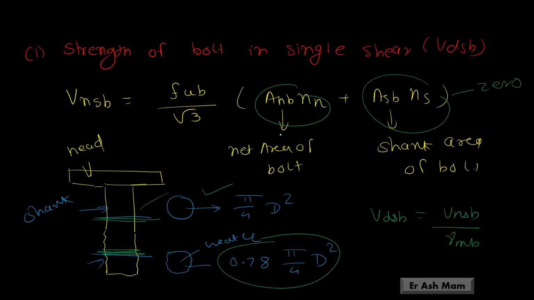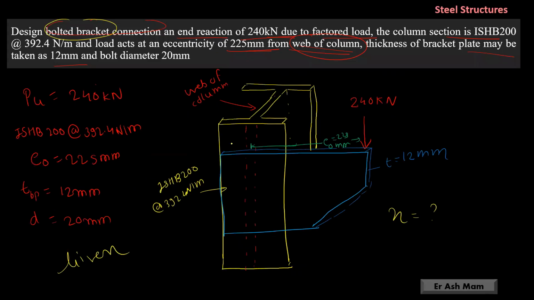So you can see here in the main diagram. If it is a bolt here, then this will be one plate, plate 1, that is your bracket, and the flange of the column will be the second plate, plate 2. If you are considering this cross section, then these two plates will act as a lap joint, and this will be your bolt.